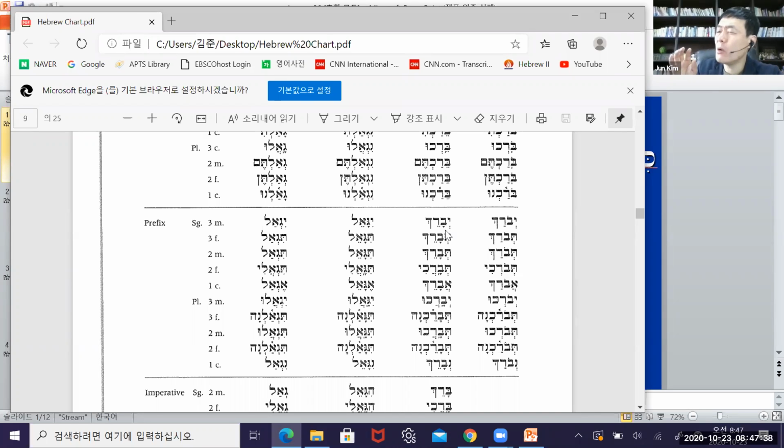We occasionally paid attention to the vowel point under the prefix pronoun. But now you need to remember, we are expecting pata under the first root letter of the prefix form in the strong verbs. Okay, are you following me?